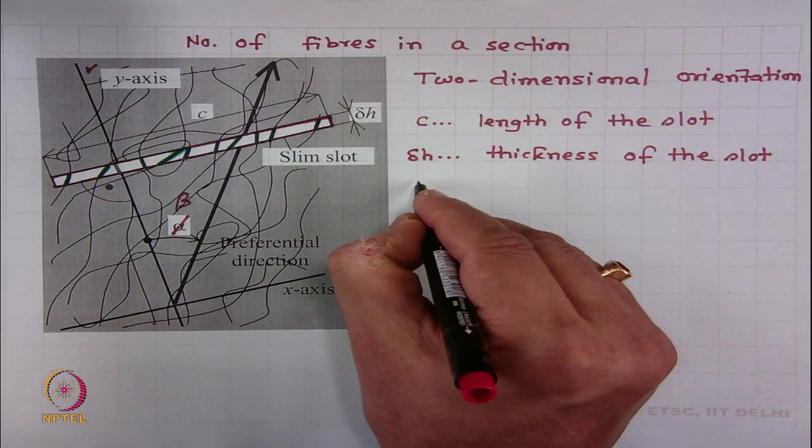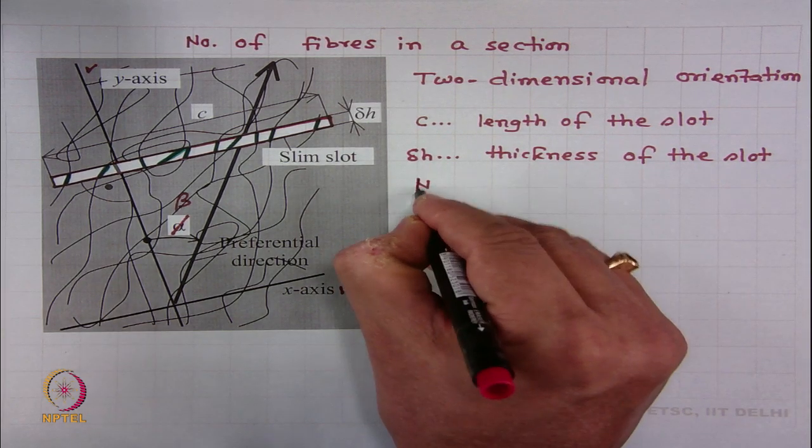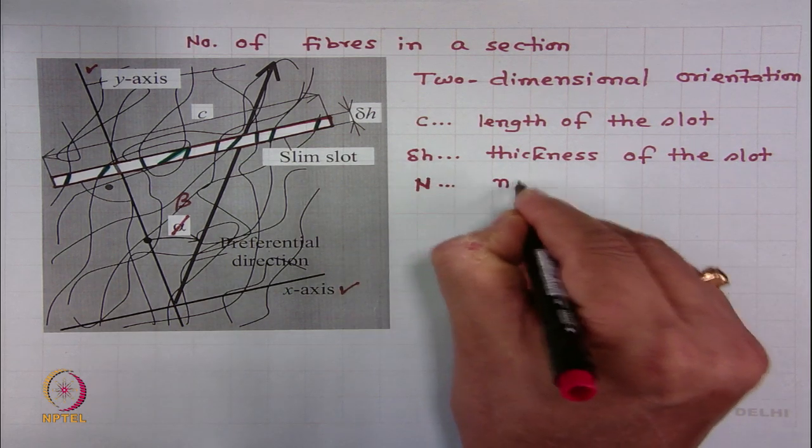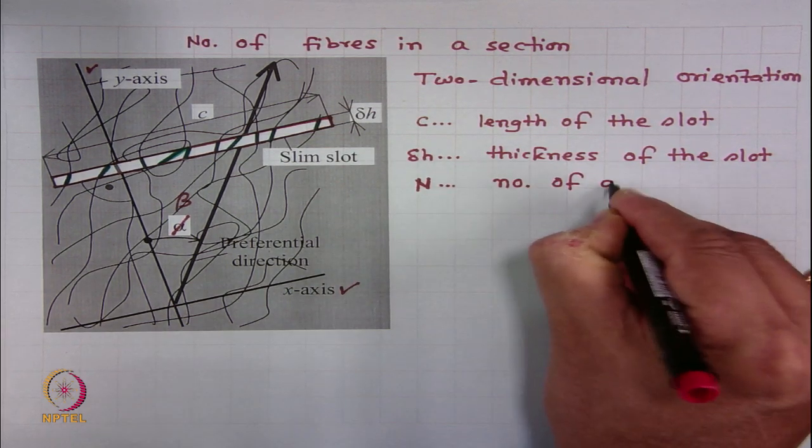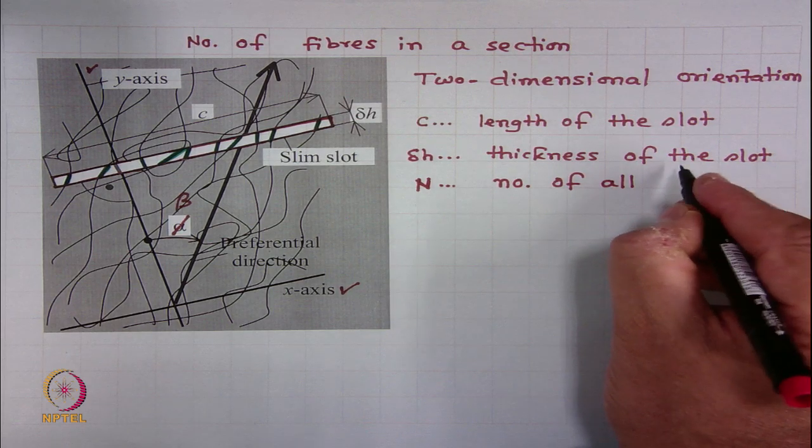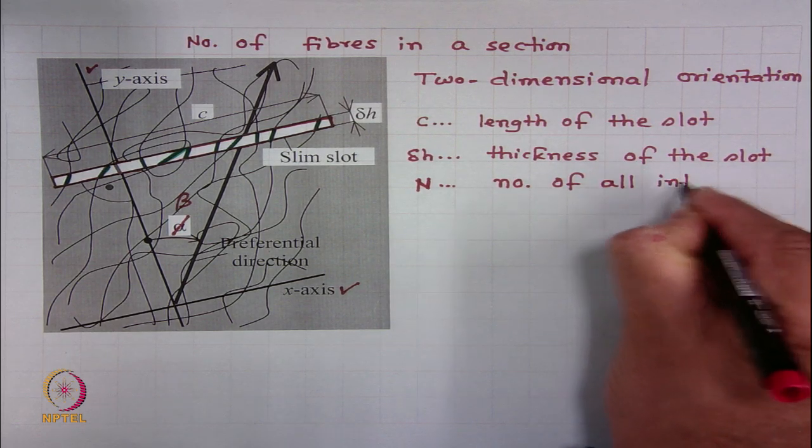Capital N is the number of all intersected fiber segments.